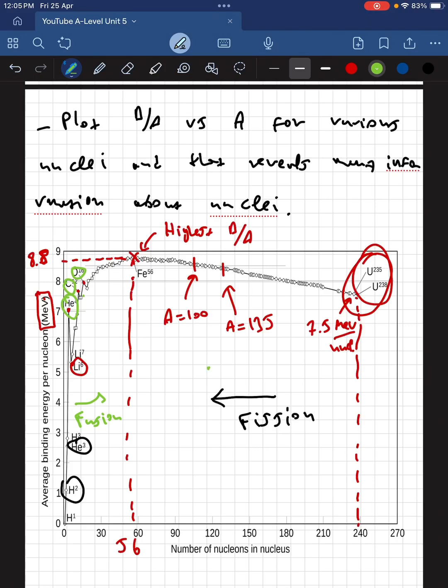Whereas if we go to the right in this region of the table, nuclei want to go to the left, so they want to move towards iron 56, whereas nuclei to the left of iron 56 want to move to the right. So this is the high mass number region, and this is the low mass region. I hope this helps, and let's move on.